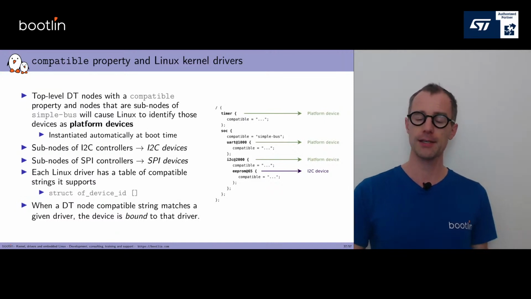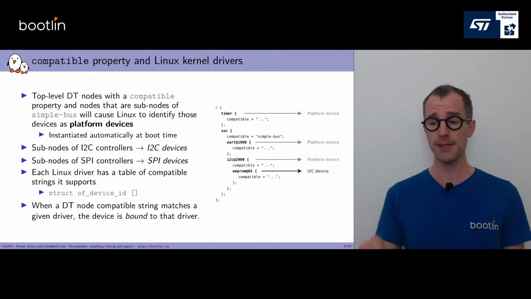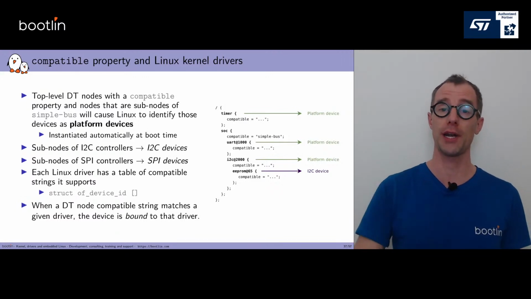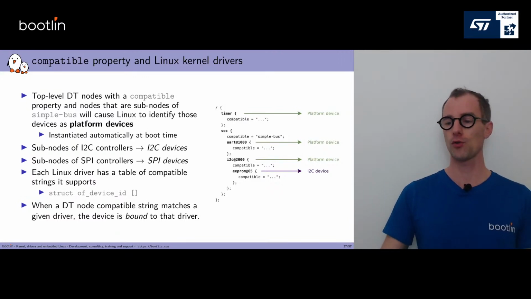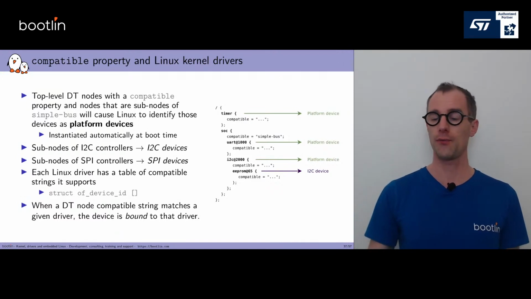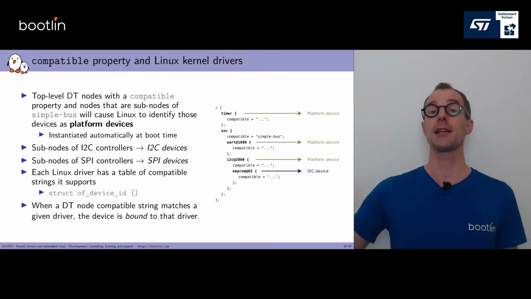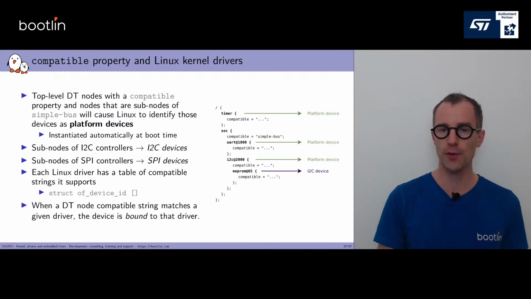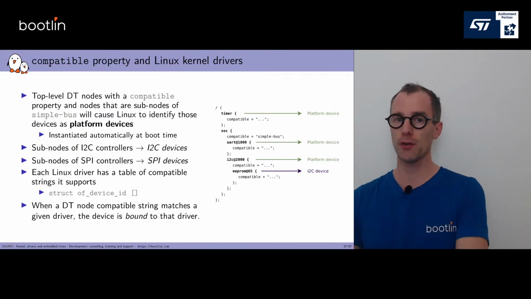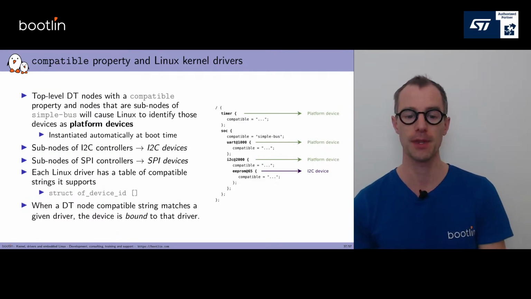And then, as you can see, there is a subnode inside this I2C controller. And this subnode, because it is a subnode of an I2C controller, is going to be instantiated by the Linux kernel as an I2C device. If that was a subnode of an SPI controller, it would be instantiated as an SPI device. So this kind of parsing of the device tree and conversion to in-memory data structures that make sense for the Linux kernel takes place at boot time.